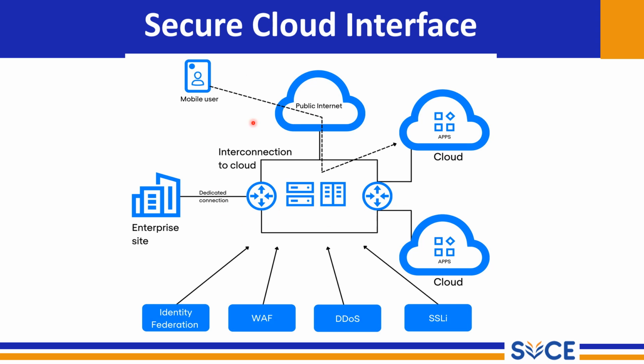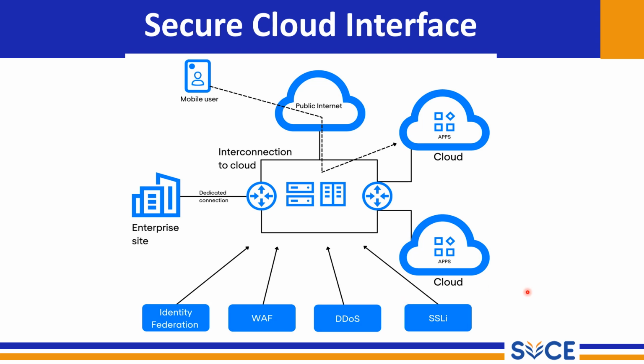So this is the diagram for the secure cloud interface. Here you can see there is an interconnection to the cloud, where the public internet and apps, the mobile user, or a dedicated connection can go through it. This is the access firewall, network policies, and threat detection, and we are able to view security status and manage roles and permissions.